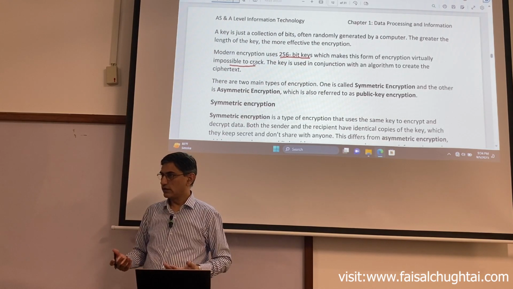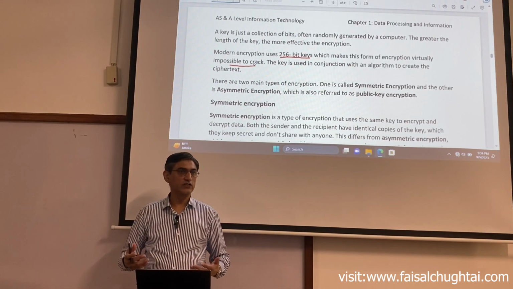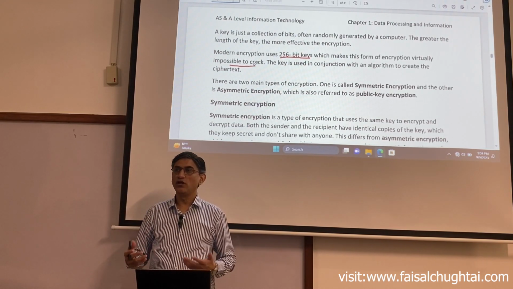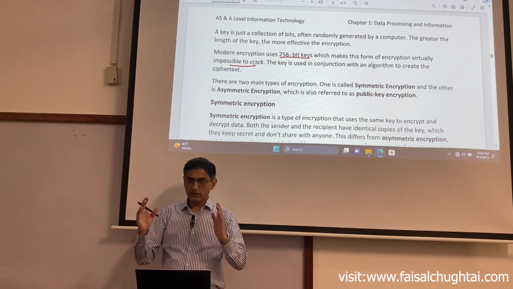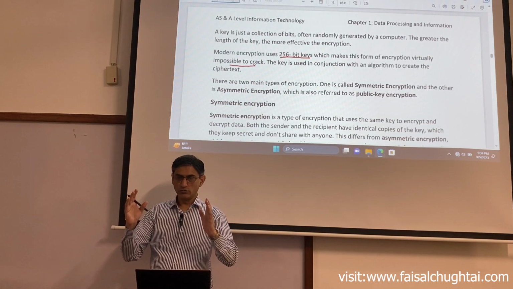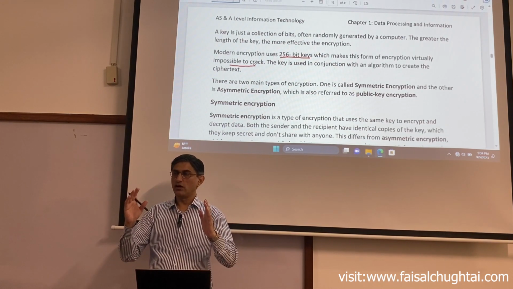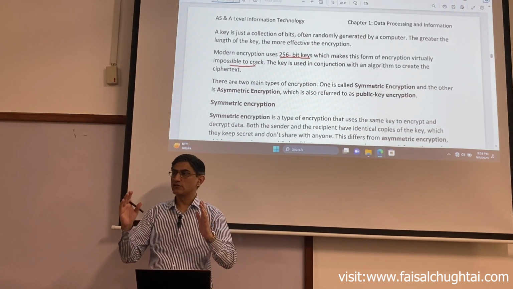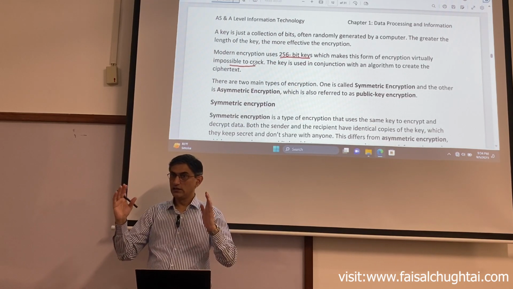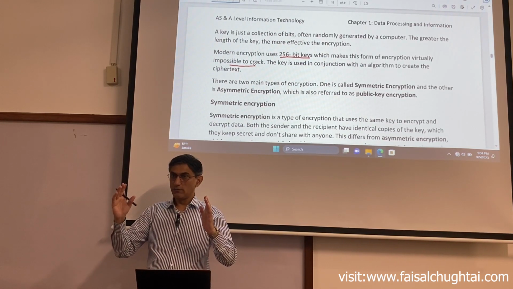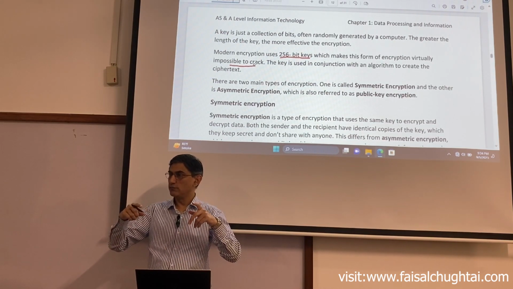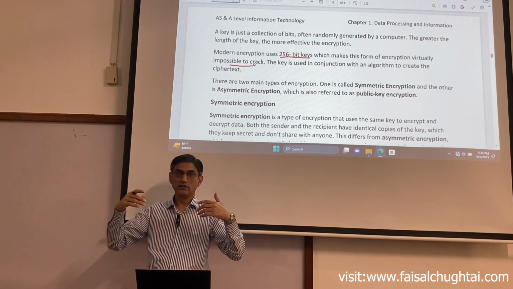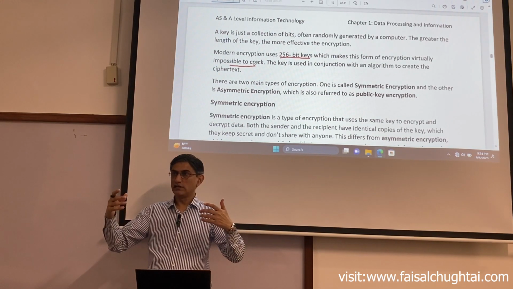For computer, at the end of the day, it is all data, and it is all ones and zeros, nothing else. So my point is that if the computer uses a combination of 256 ones and zeros to represent something, imagine how many different combinations of ones and zeros you will be able to make to represent information.